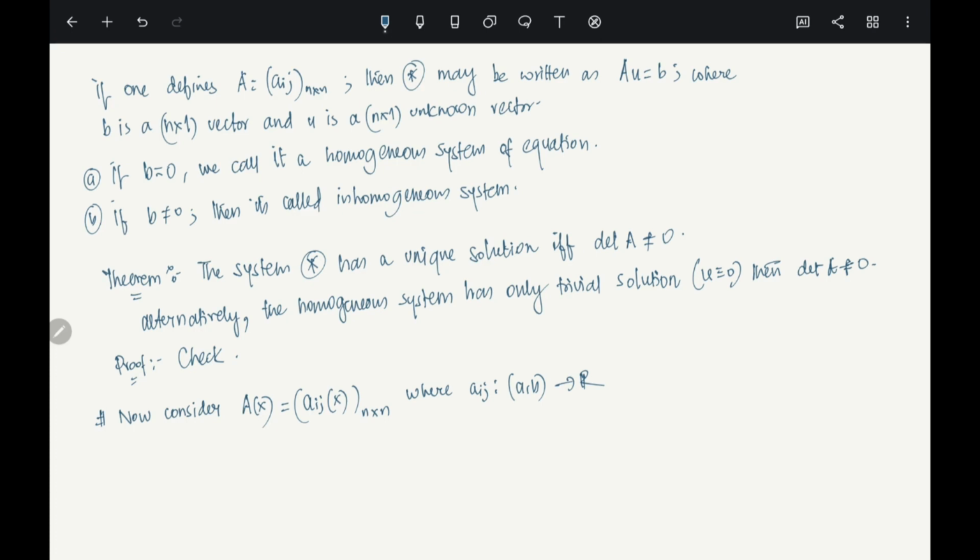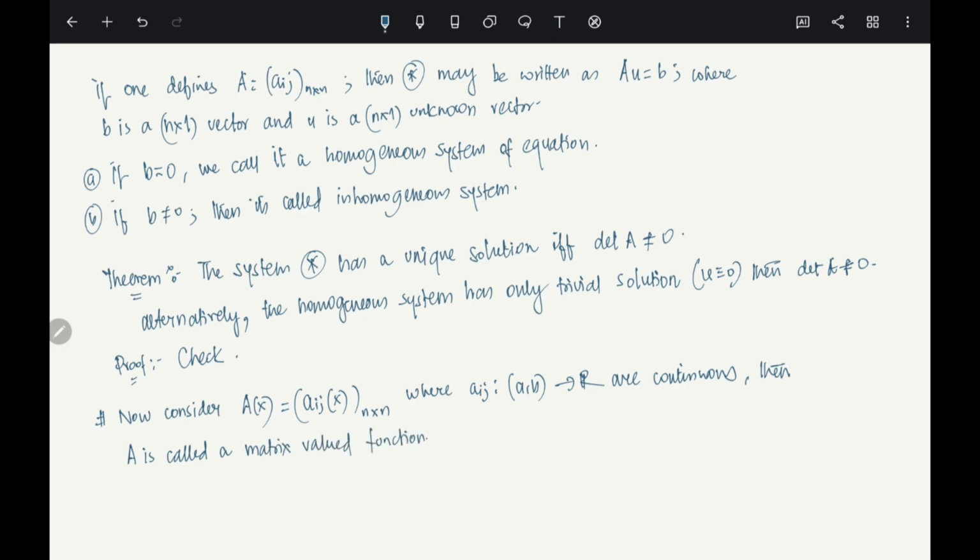Now if you are writing like this, with each a_ij continuous, which I am assuming, then A is called a matrix valued function.